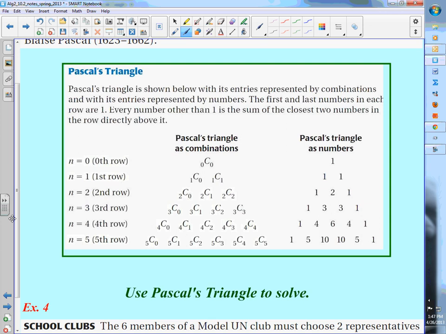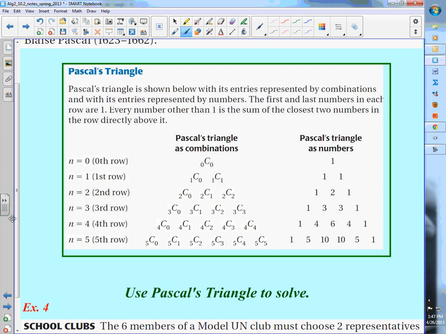So if you know Pascal's triangle, you know combinations 3 taken one at a time is 3. But you also know that combinations 5 taken 2 at a time is 10. And 5 taken 3 at a time is 10. And 5 taken 4 at a time is 5. So these combinations give you these numbers in Pascal's triangle.